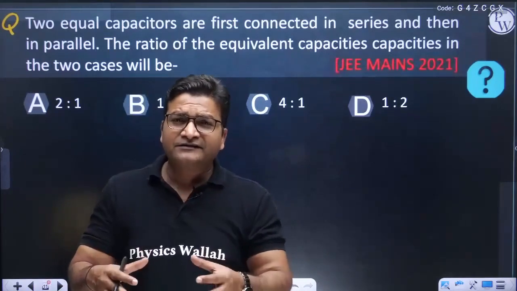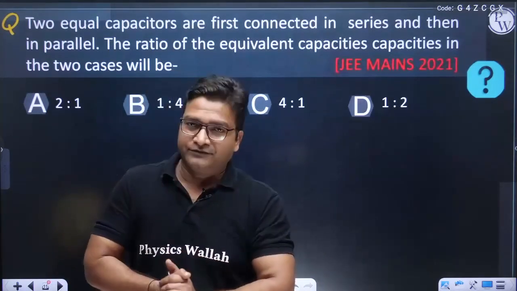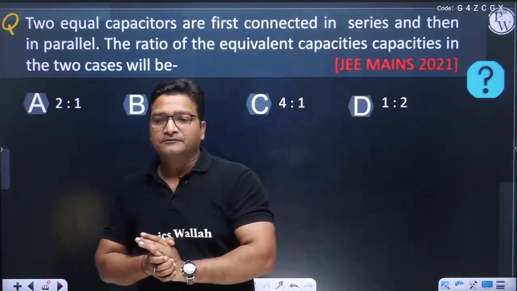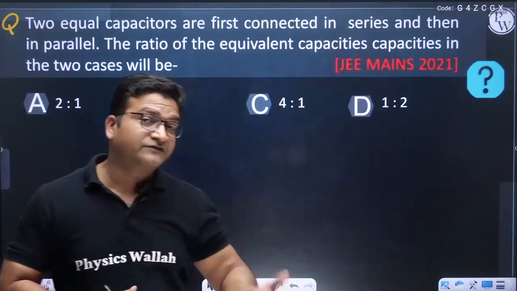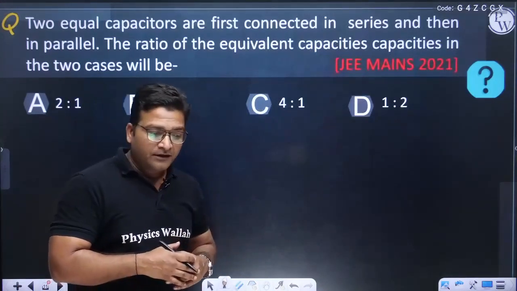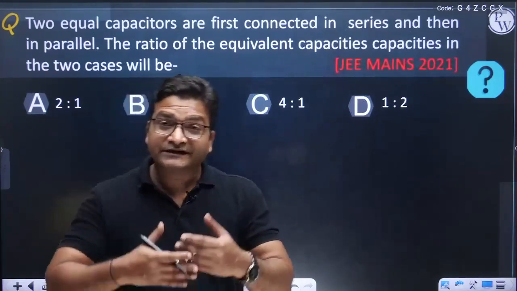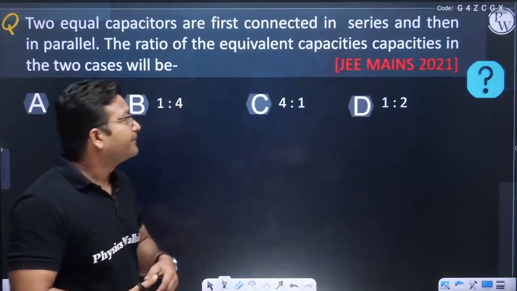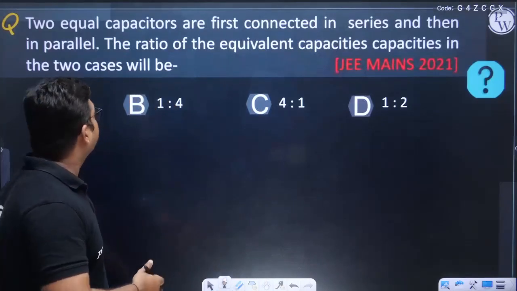So the mathematics is a little opposite to each other. Remaining all things are valid. The types of symmetry we studied in the last chapter are all valid here. The condition of the Wheatstone bridge is valid here also. Okay, so let us see what we have next.